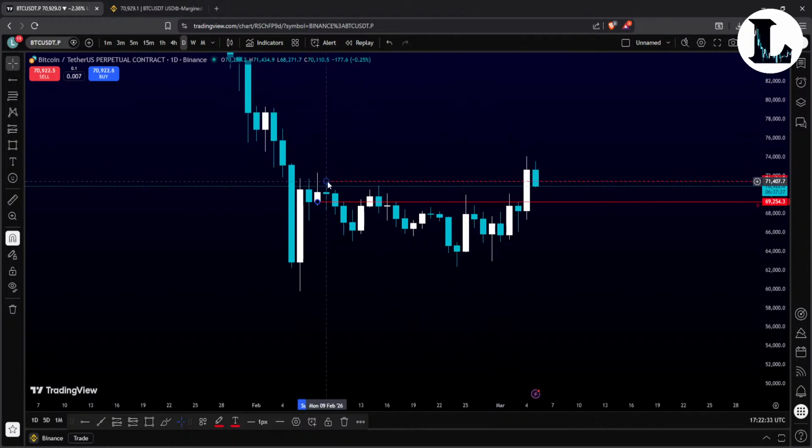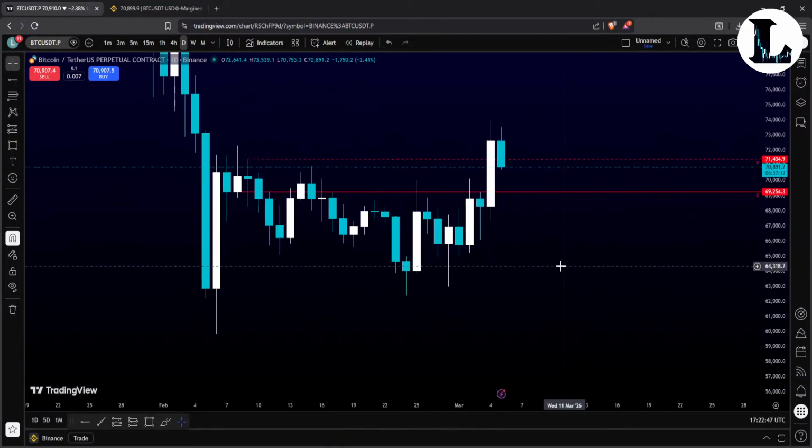So when we attack the break level, two things can happen. What this means is that when the price attacks the break level, it is trying to break up. That's literally as easy as that.